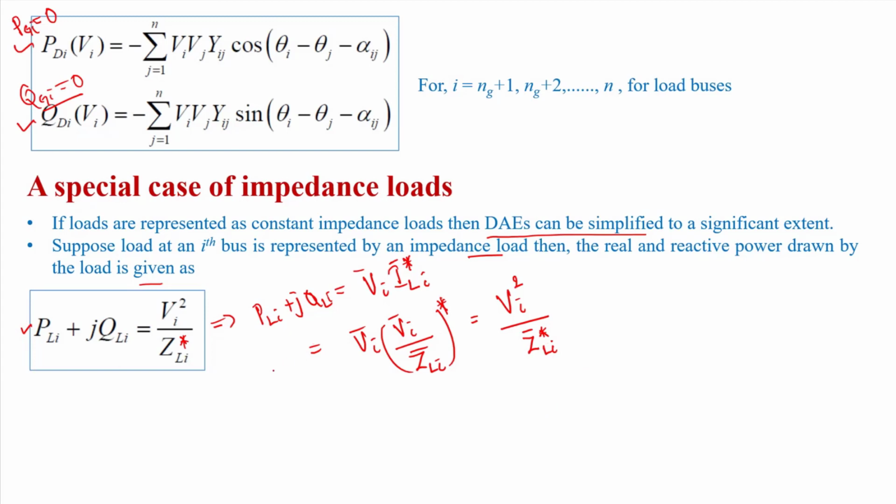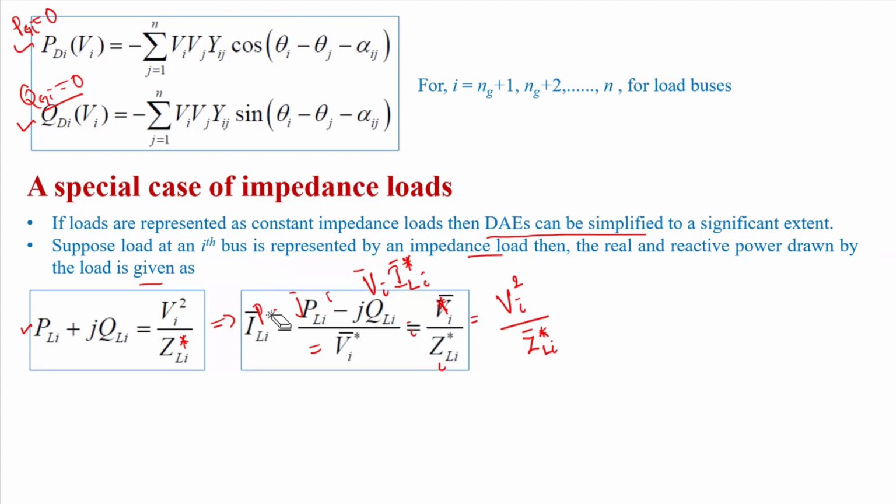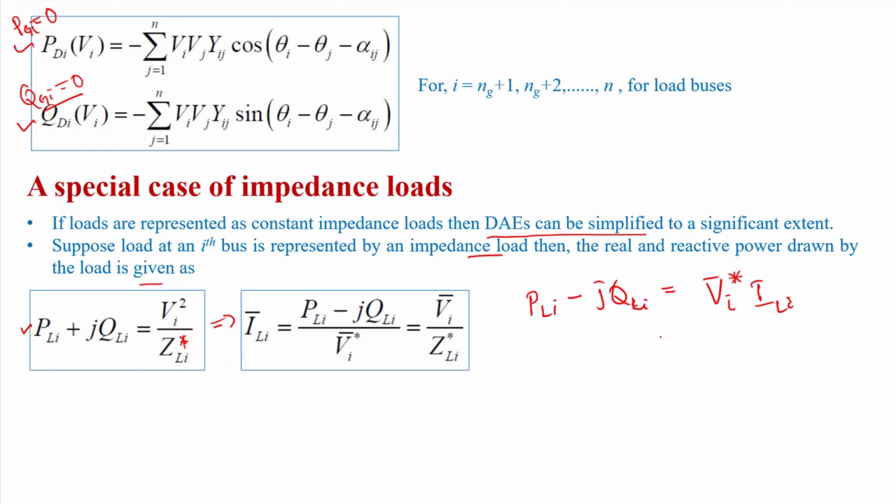So now your complex power at the load PLI plus JQLI, I can write as VI square by ZLI conjugate. Now from this equation I can again write the current expression. Already we know that PLI minus JQLI is nothing but VI conjugate into ILI at that particular load bus.